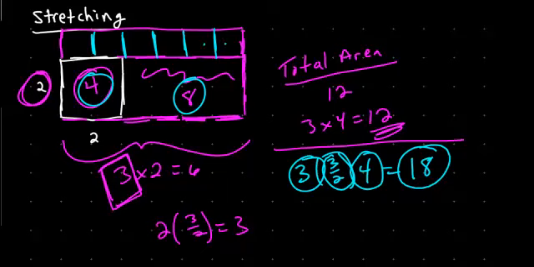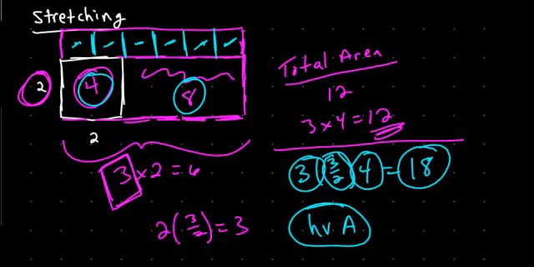That's what you read in your book called the Stretching Theorem. If you stretch an area horizontally by h and vertically by v, and it had an original area of a, then the new area is going to be h times v times a.